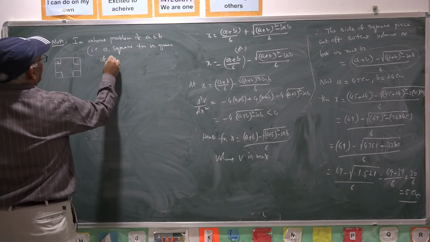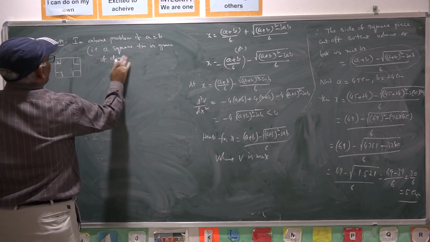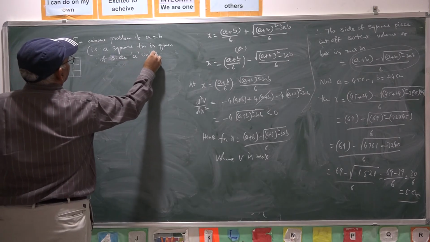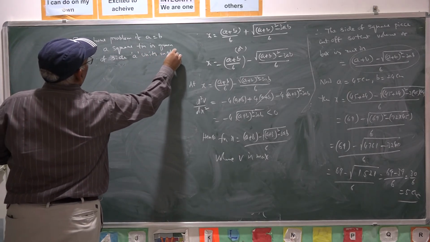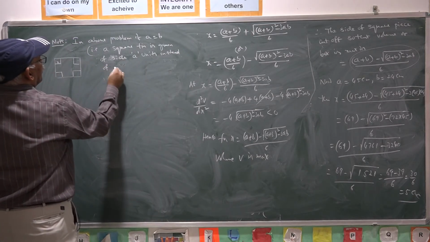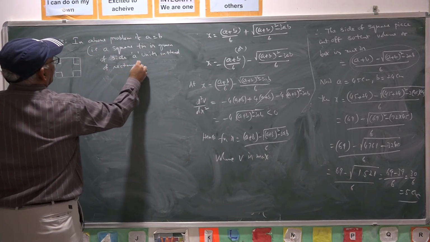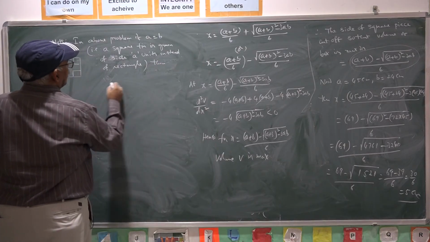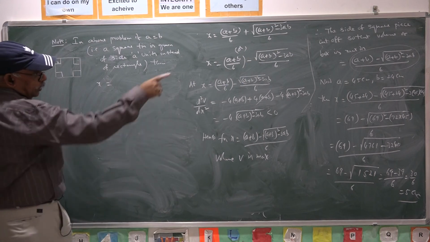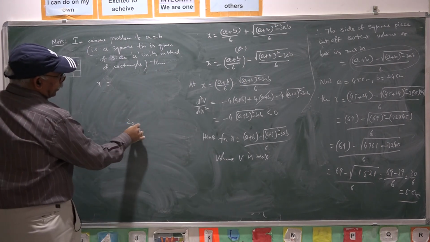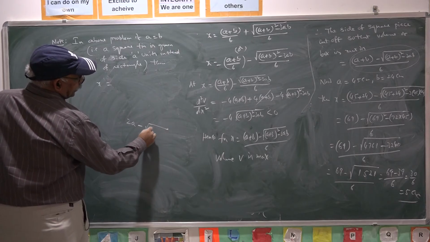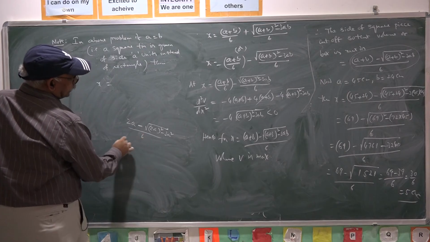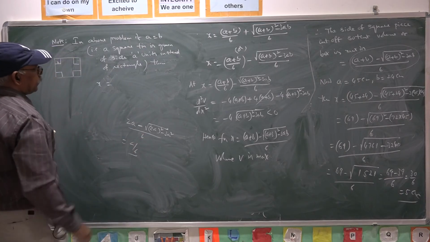A square tin of side, otherwise dimensions, A units, instead of rectangle tin, then x equal to, taking b equal to a, we get a, 2a minus square root of 2a whole square minus 3a square by 6, which gives us totally a by 6.